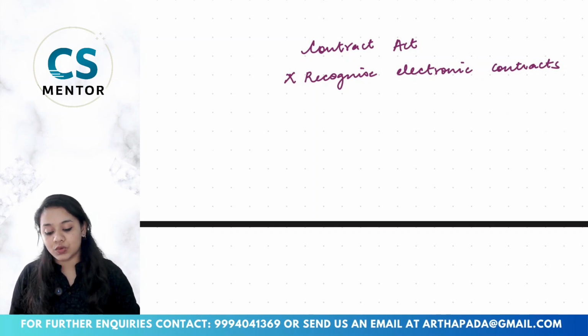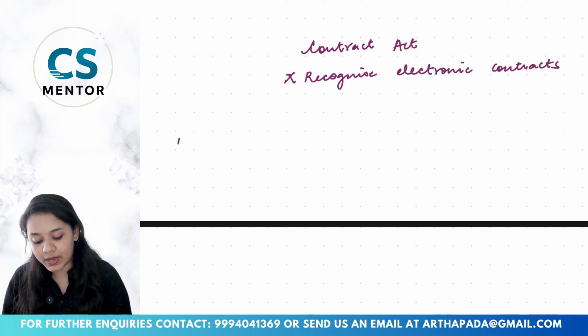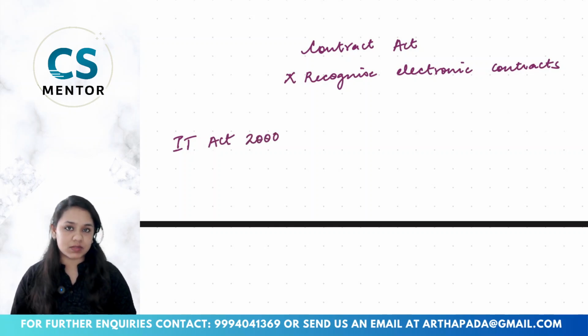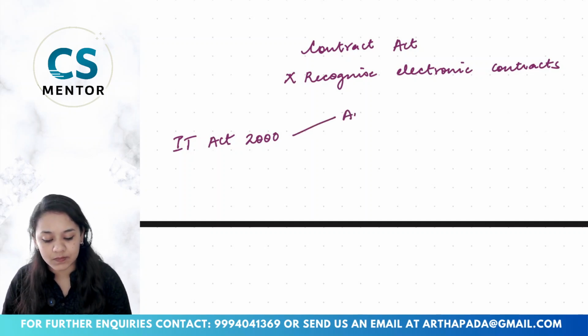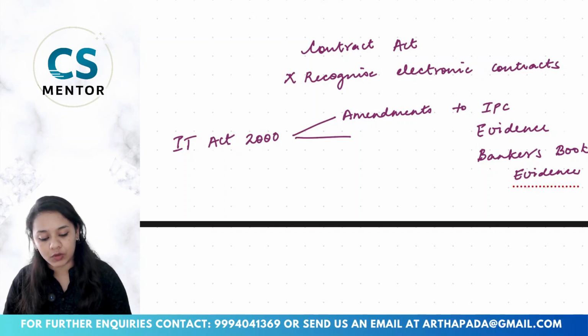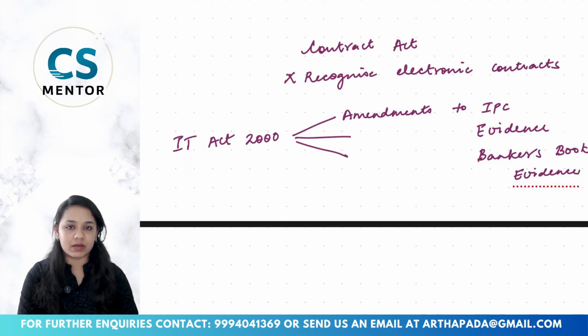The answer is no. So, what exactly happened was the IT Act of 2000 was passed. And one of the main objectives of the IT Act 2000 was to make amendments to the Indian Penal Code, the evidence law, and something known as the banker's book evidence.